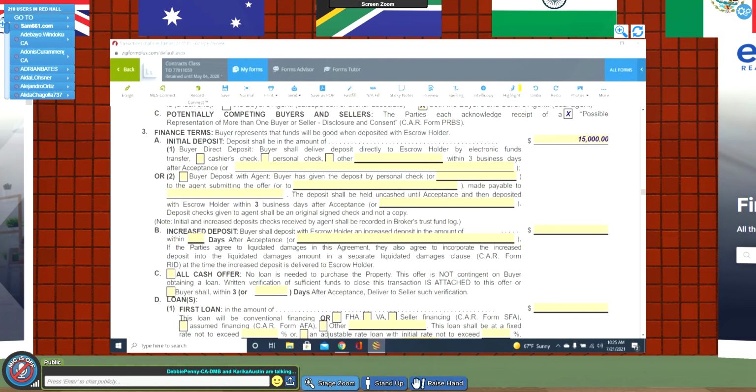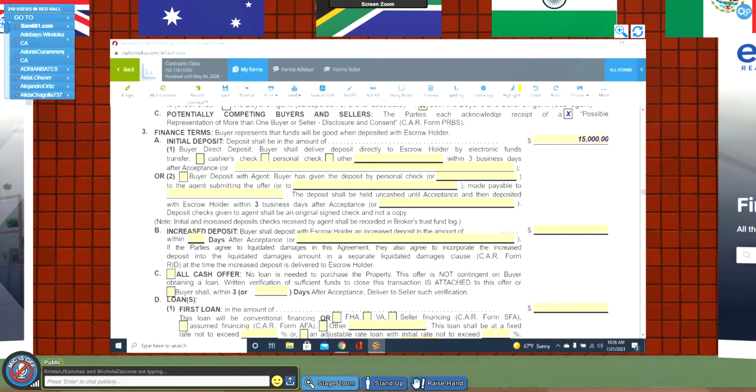One of your timelines is 3 business days after acceptance for that deposit to be in. It's not if we get A, B, and C. Once that offer is accepted, that deposit goes into escrow within 3 business days.